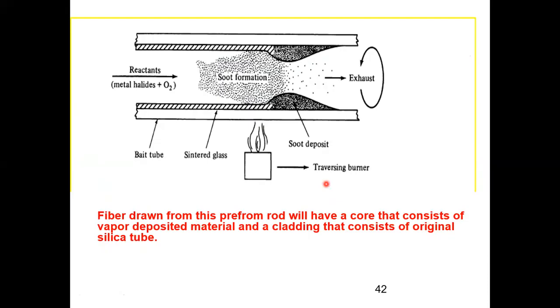Okay, so that was the second method of your fiber fabrication. So you have the other method and you have the modified chemical vapor deposition. Both the topics I took from the diagram and all, both are there in Keiser. The current diagram which is there is from the book of Keiser.